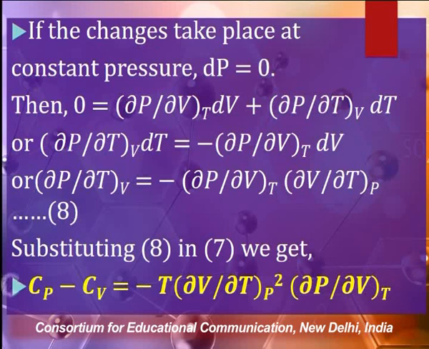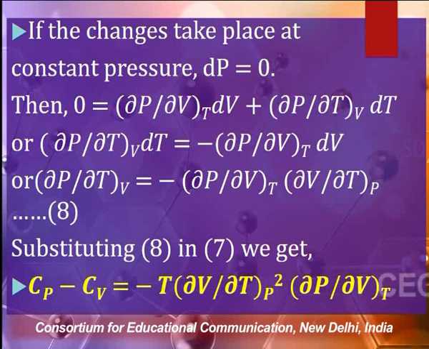Transposing one term to the left hand side, we get (∂P/∂T) at constant volume into dT is equal to minus of (∂P/∂V) at constant temperature dV.